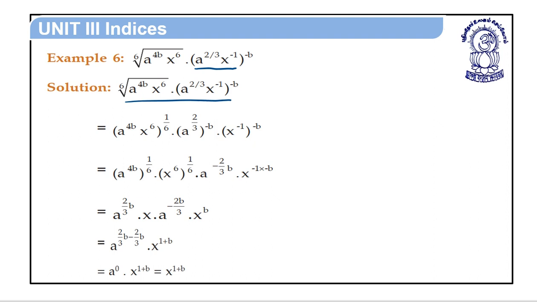Solve this equation. A raised to 4b into x raised to 6, so 1 by 6, into a 2 by 3 minus b. Using the law, we can write a 2 by 3 minus b. Same way x raised to minus 1 into minus b.